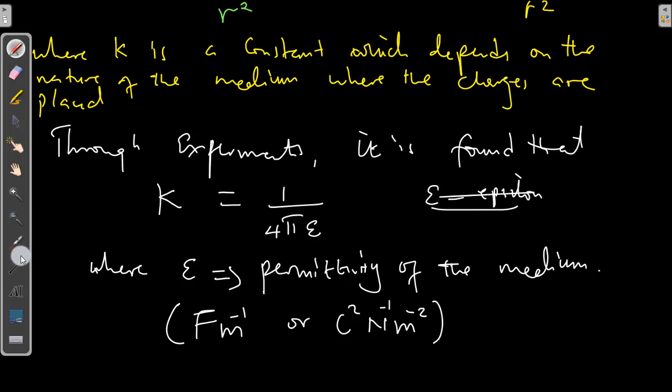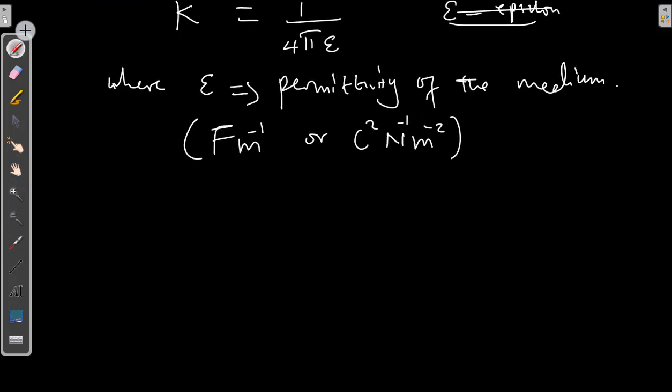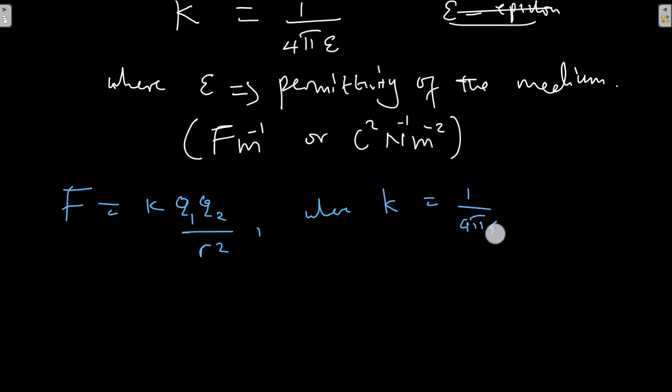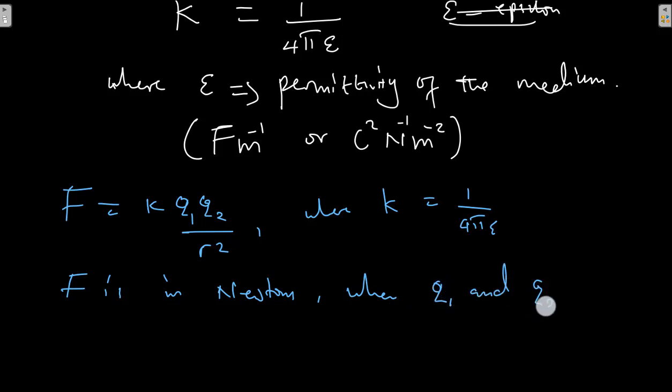So the force F from the formula F equals k Q1 Q2 over r squared, where k is 1 over 4 pi epsilon, F is in newtons when Q1 and Q2 are in coulombs and r in meters.